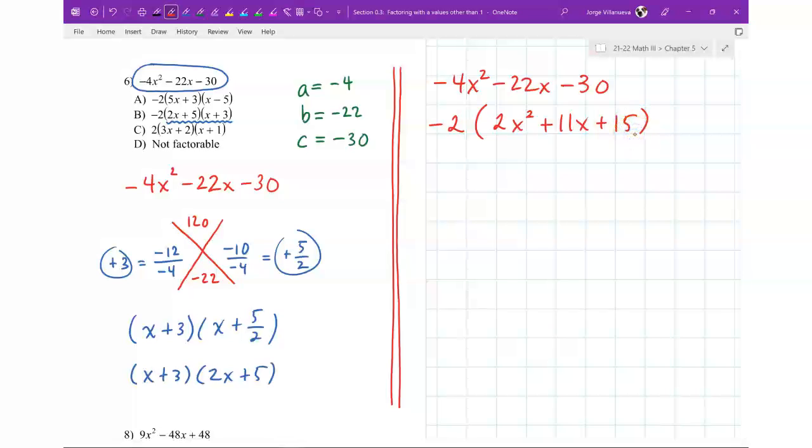Let me make sure I did that right. So that would be a 2. That'd be a -22. That'd be a -30. So that's what they would like you to have gotten.